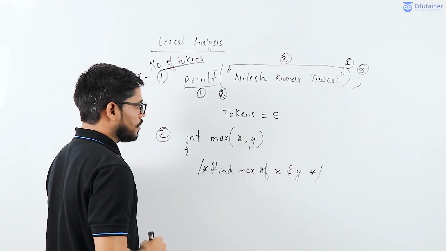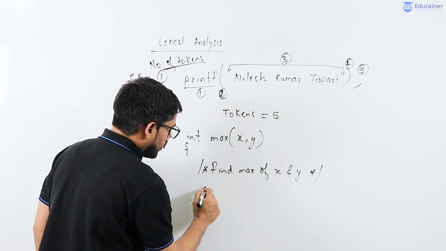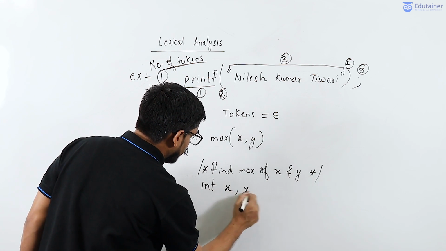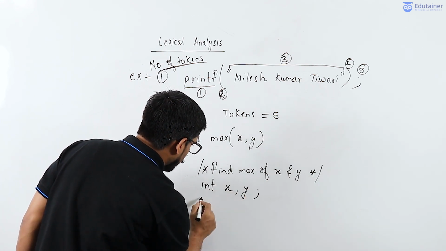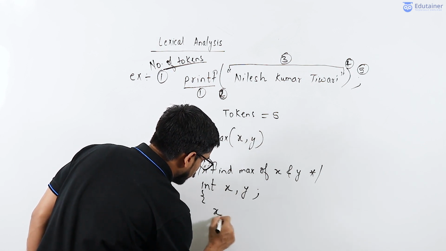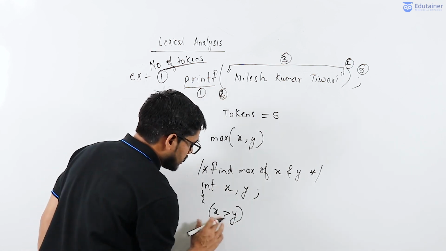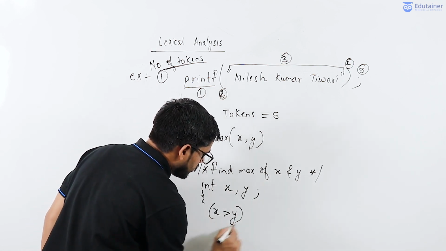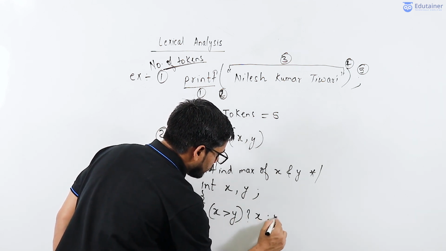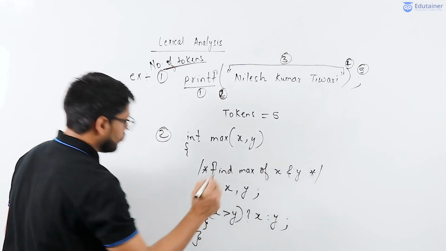This is a single line comment, and after that I write int x, y and a bracket. Using the ternary operator I can find the maximum of x and y: x greater than y, then question mark x, otherwise y. Then close bracket and again close bracket.